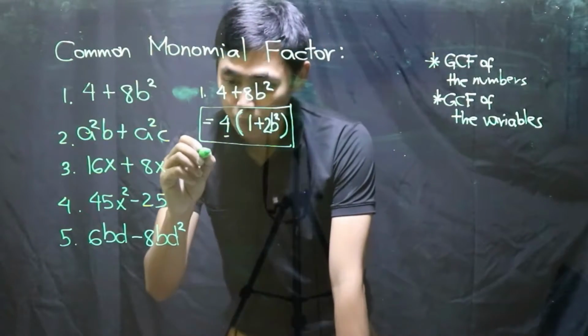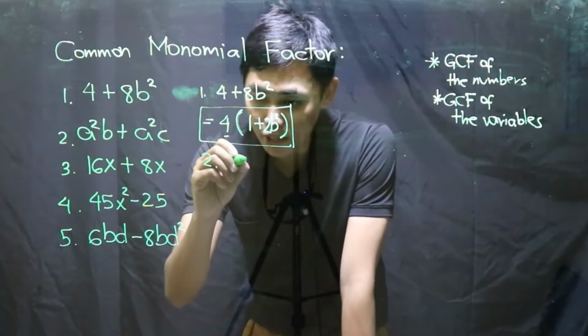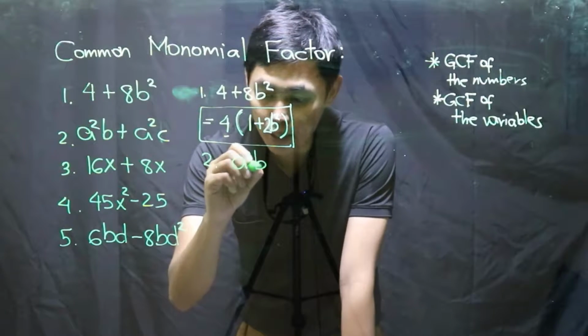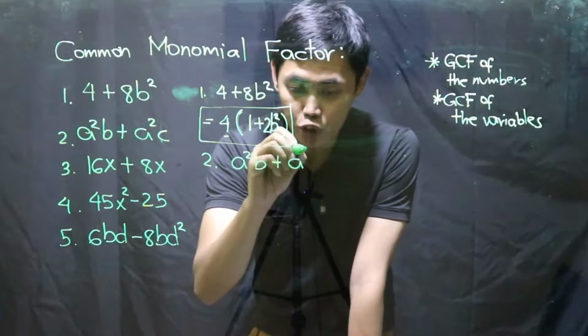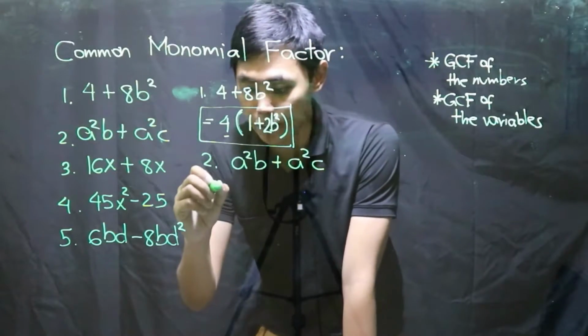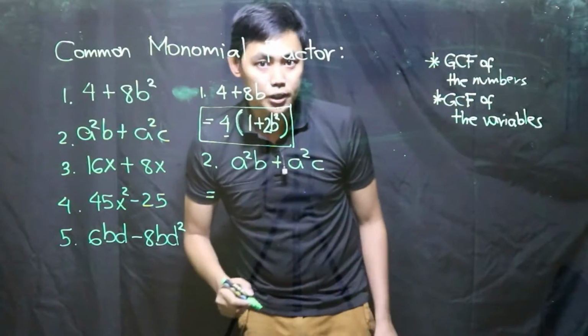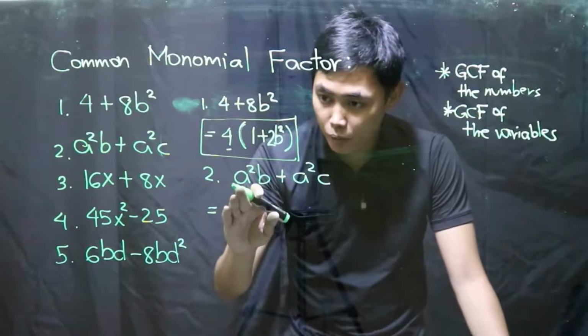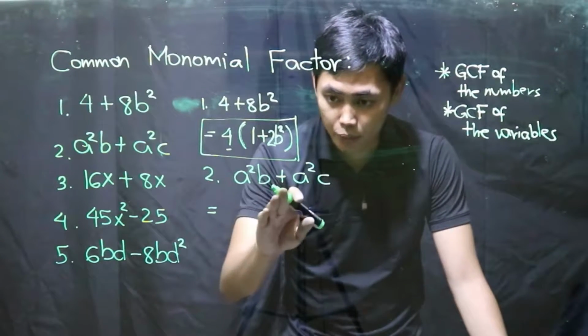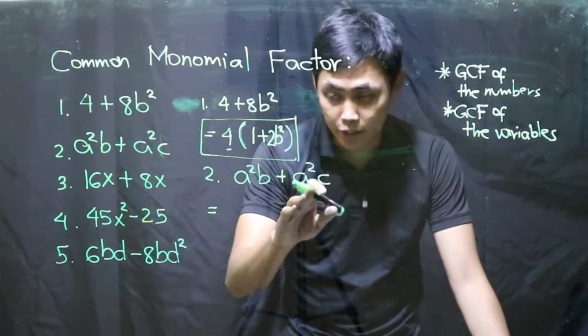Number 2. We have a squared b plus a squared c. Alright, so let's find the common monomial factor. If you notice, we have a squared here, and we have another a squared here.